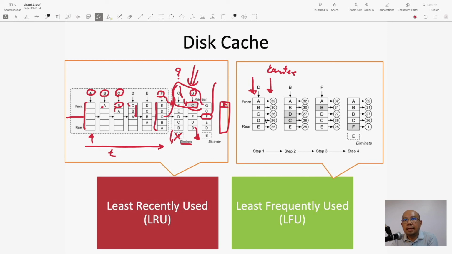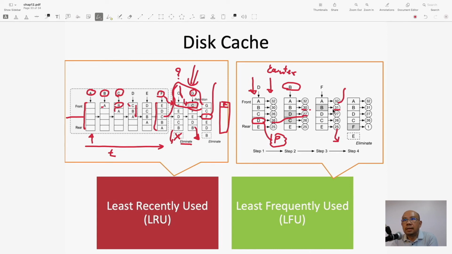Now data D is brought in to be processed in the system. The counter for D will increase from 26 to 27. Now B increases from 30 to 31. That means in this list, A is used with high frequency and E is used with low frequency.